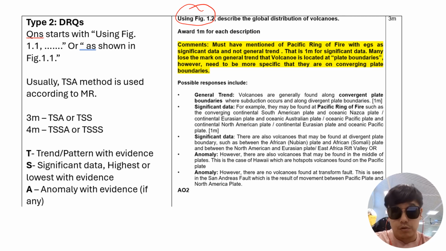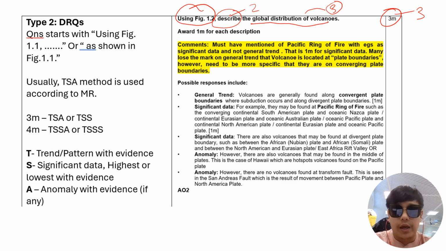What are you supposed to do? The command word, which is the second step, is to describe. You're supposed to describe certain things, and what's the content requirement? That would be to describe the global distribution of volcanoes. That's the third step. And last but not least, as usual, we look at the marks allocation. It is a 3 marks allocation, and therefore you can plan your answer from there.